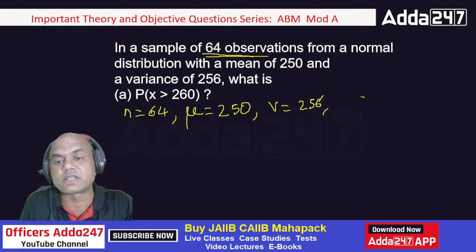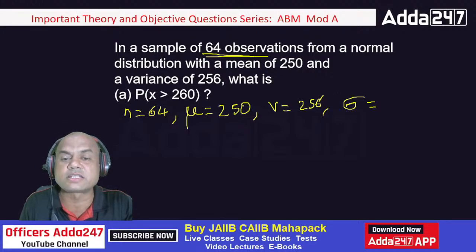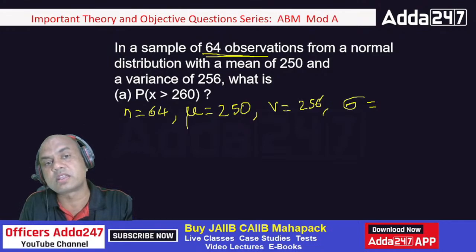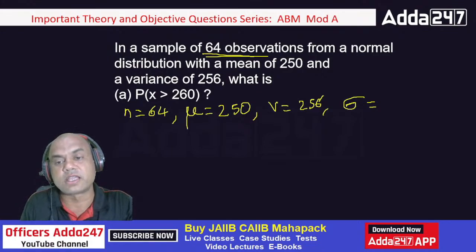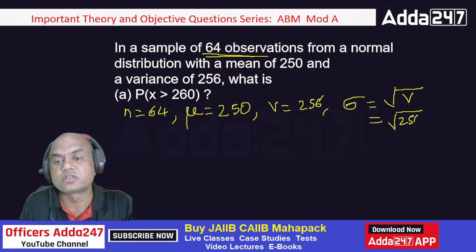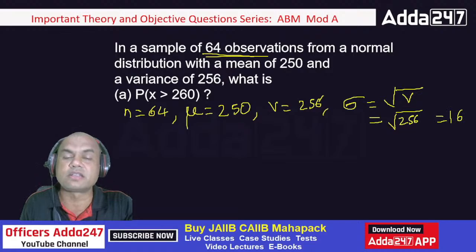What is the relationship between variance and standard deviation? Sigma equals the square root of V, the variance. So that is equal to the square root of 256, which is 16. So my standard deviation is 16.